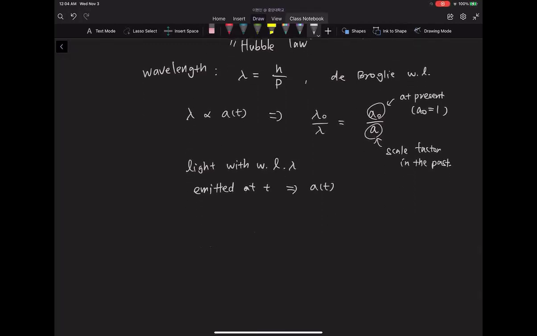Then this a, the scale factor at the time of emission, is smaller than the scale factor at present.